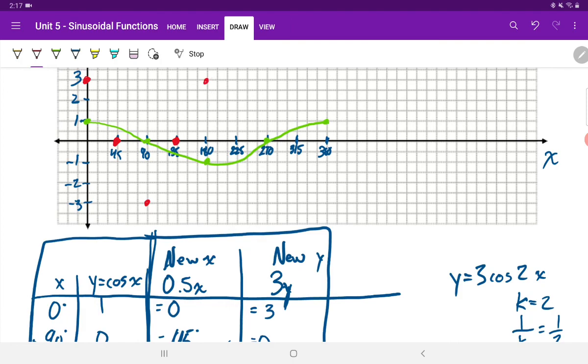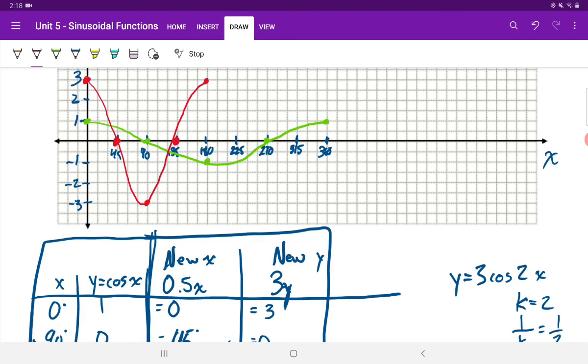Look at how much this has been compressed. Our base function, okay, has been compressed significantly to fit one period within there. And we know that because our k was 2, which means we're horizontally compressing by a factor of 1/2. The period's going to be in half the time.